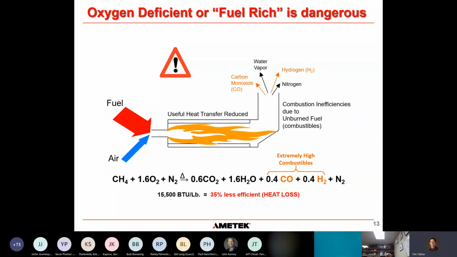When you have oxygen deficiency, you have too high of fuel and not enough air. In that case, it creates a very unsafe condition where you generate extremely high amounts of combustibles in the percent level range, and you actually also operate 35% less efficient. So not only is it a massive safety concern, but you're also operating less efficiently.